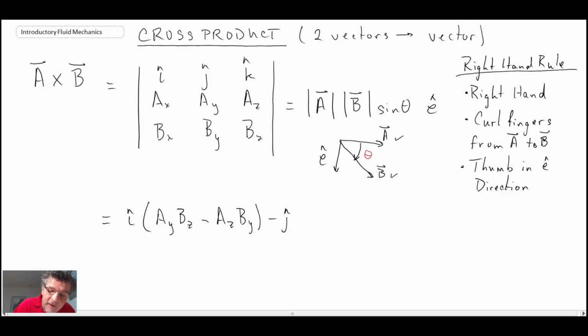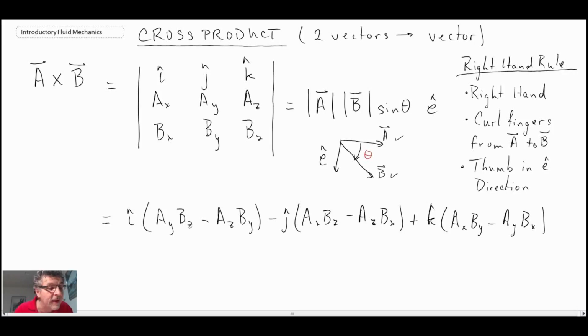The middle, you always subtract J. It's not plus, it's a minus J. I always draw lines on the matrix here in order to figure out how it is, but everybody has their own technique of doing this. And then it's plus in the K direction, which is going to be AX BY minus AY BX. Hopefully I didn't make a mistake there.